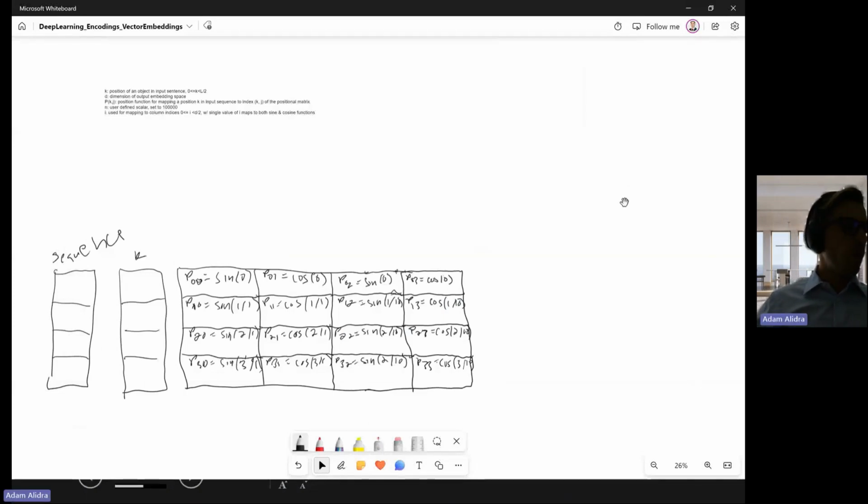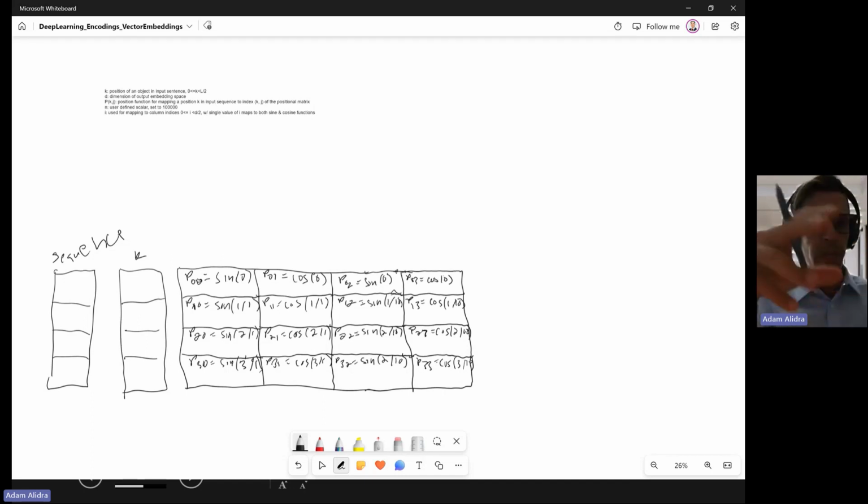Okay, so what we want to do here is specifically take a look at how the positional encoding layer in transformers works. And so suppose you have an input sequence of length L, and require the position of the kth object within the sequence, right?